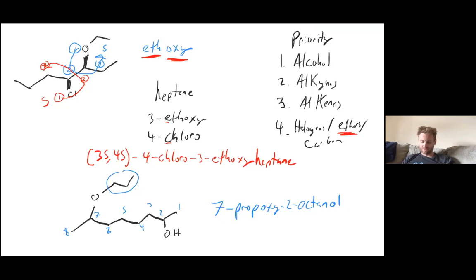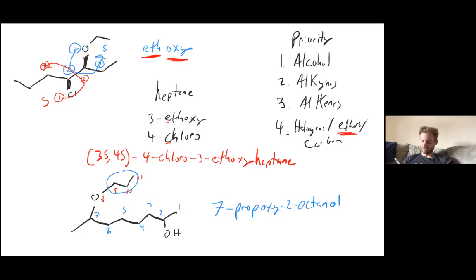Okay, so that is our nomenclature. We're never going to use the oxygen as part of our counting. It's always going to be the longest carbon chain. So you'll never do something like 7, 8, 9, 10, 11, where you use the ether.